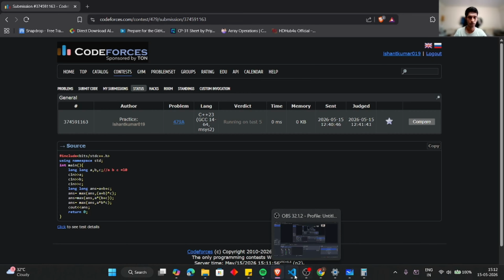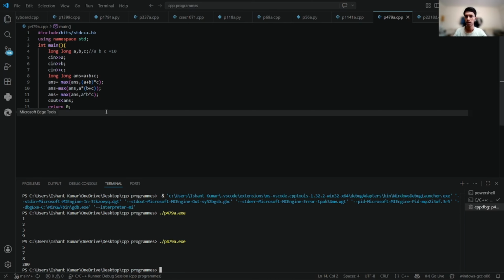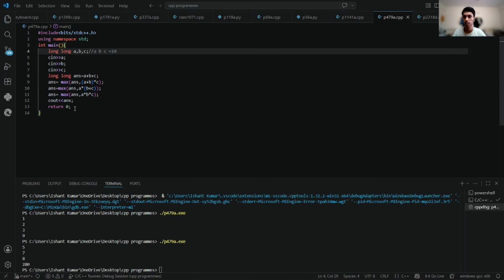It is still running. So let's talk about the complexity of this problem. For this problem, the time complexity is constant because we are not using any iterations. I'll mention it here.